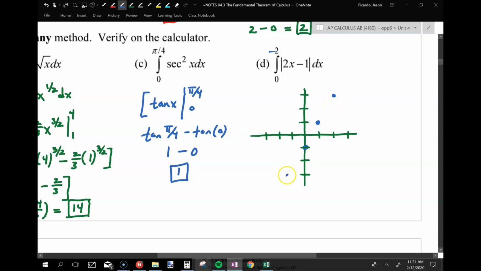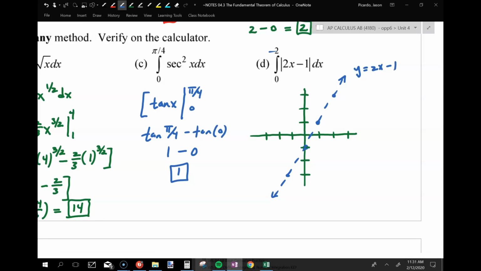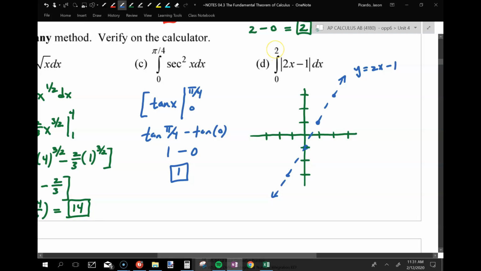All right, so what I just drew right here is not the graph. That's that, right? What do I need to do to change this to this?